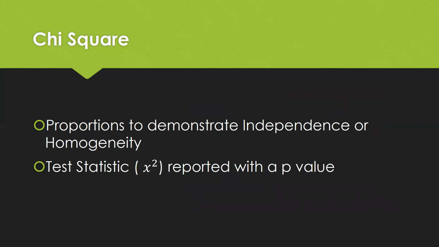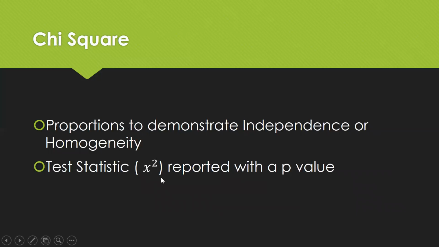Finally, I think this is finally, we have the chi-square. I think you nicely understood that this is essentially proportions that are used to demonstrate the independence or homogeneity of a specific categorical variables.